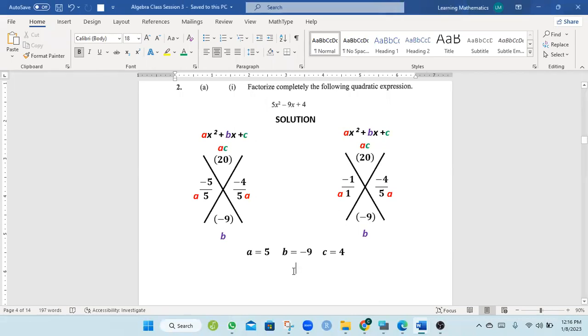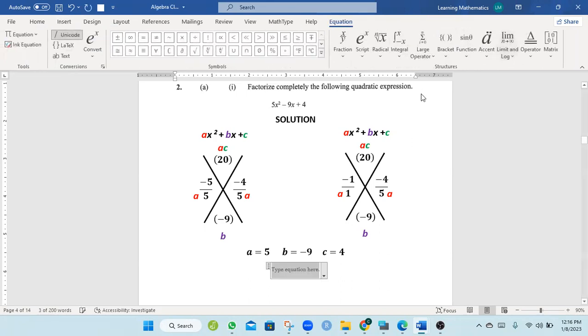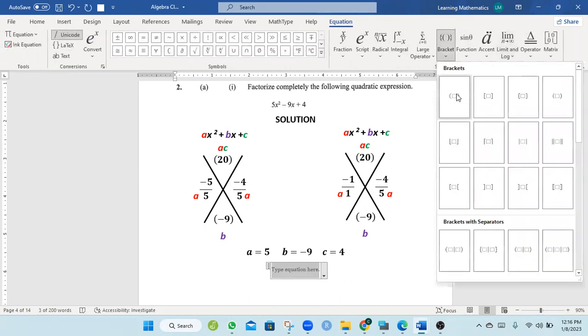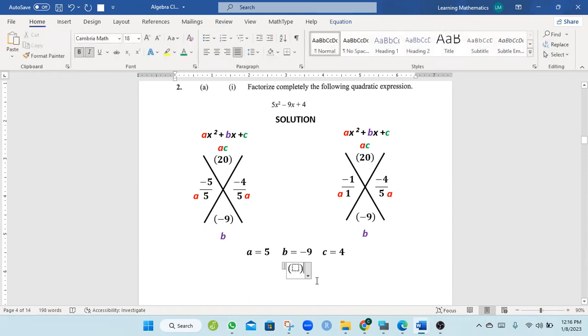So now we are ready to introduce the pair of brackets that will lead us to our final solution. A pair of curved brackets side by side, and in each bracket, you put an x.